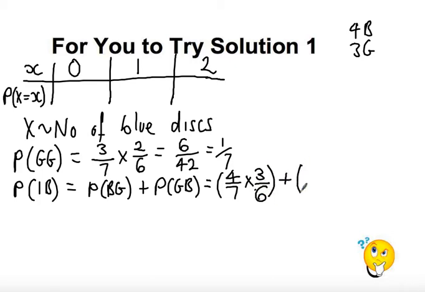And then if I add, the probability of picking a green first is 3 out of 7, and then the probability of picking a blue second is 4 out of the 6 counters that are left. Now, when we work through this on our calculator, we should get 24 over 42, which is 4/7.